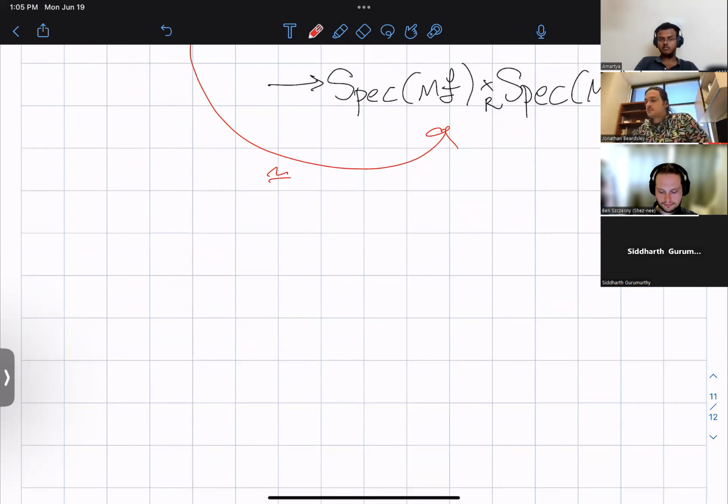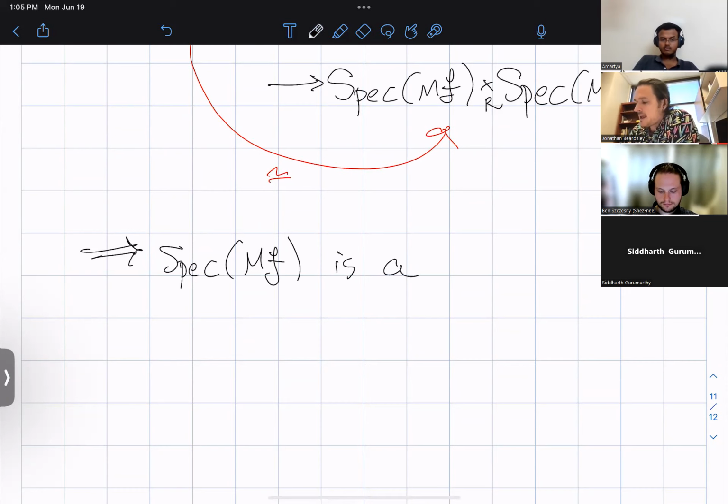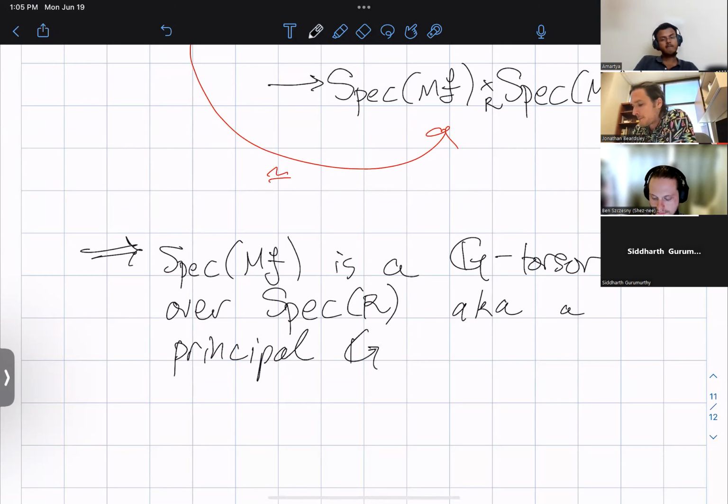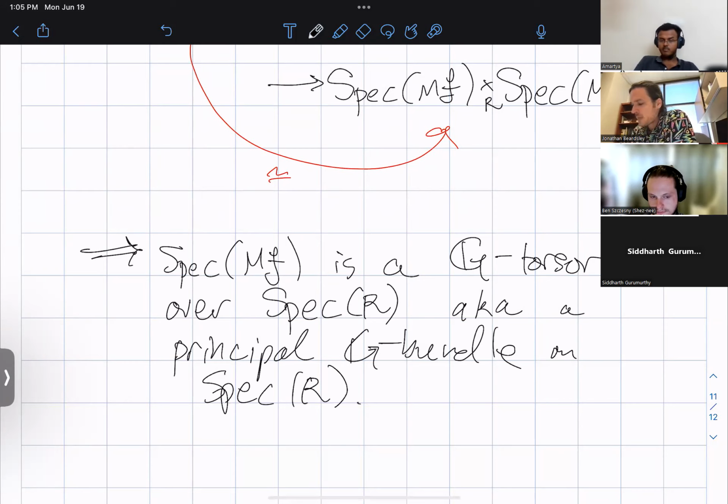And what this is telling you is that spec of MF is a G-torsor over spec R, aka a principal G bundle in the sense of, well, say on spec R, in the sense of derived algebraic geometry.